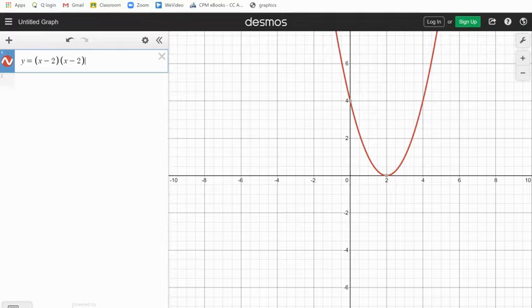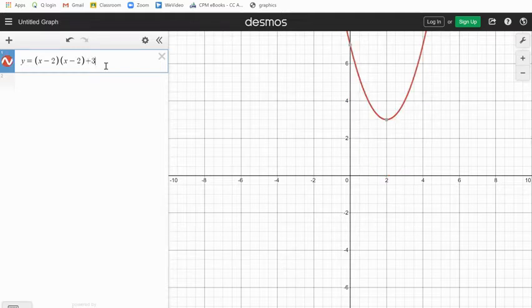So what I have is the original equation, which is y equals x minus 2 times x minus 2. Now, we have to keep that same vertex, so we don't really want to mess with that. And think of this as really y equals x minus 2 squared. So we want to keep the same vertex, so I don't want to shift it to the right or to the left, but I still want to have a different equation.